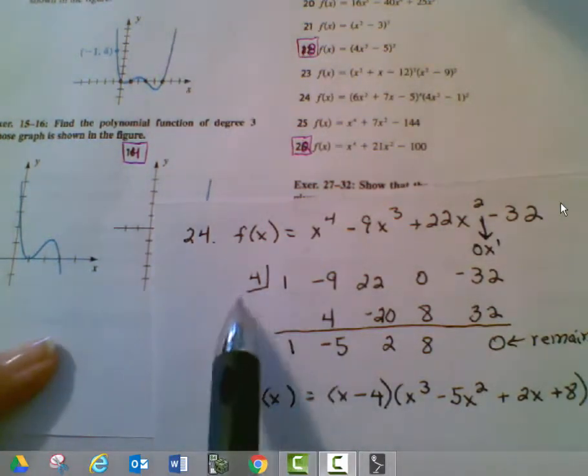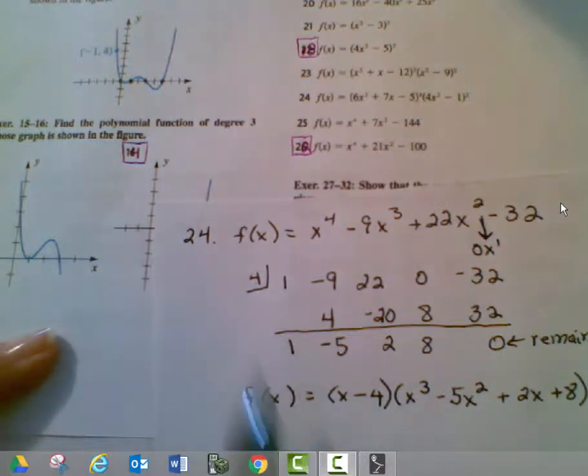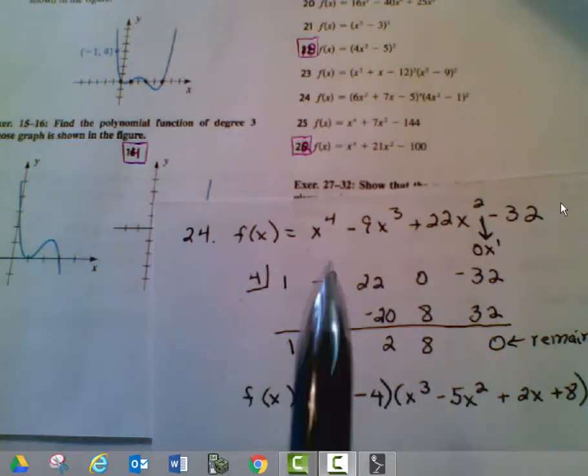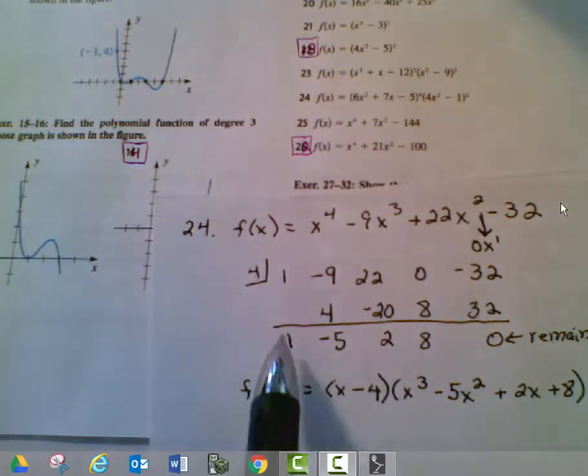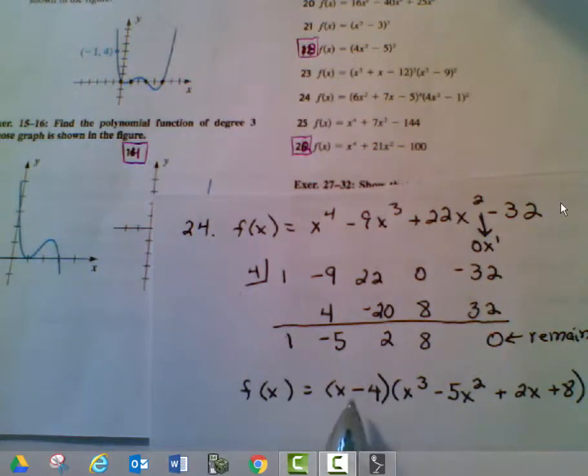So knowing the first zero of this polynomial has allowed me to factor this function into a linear factor times a cubic factor.